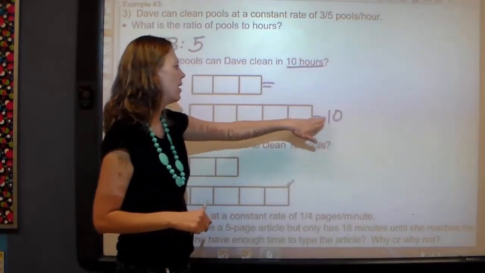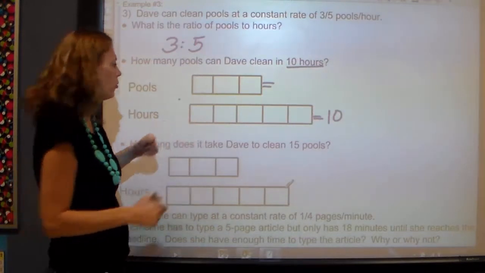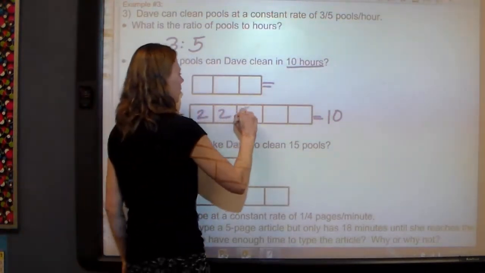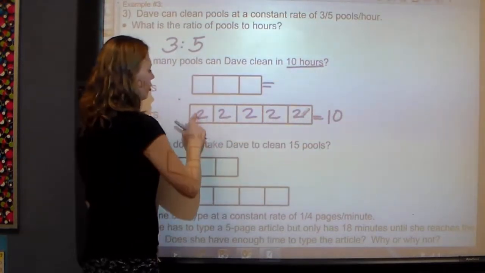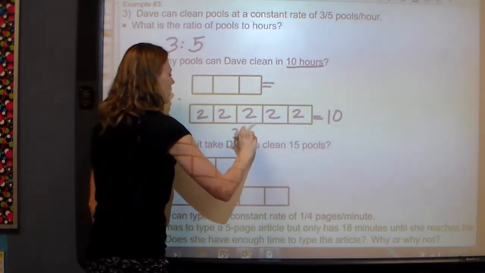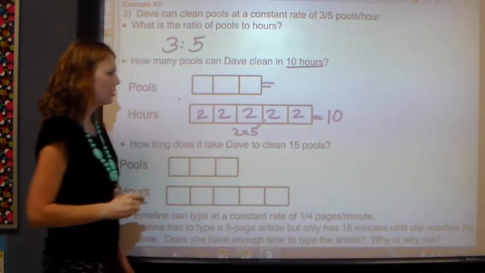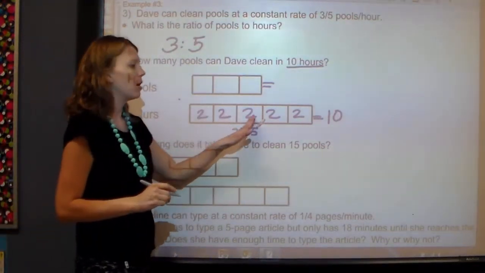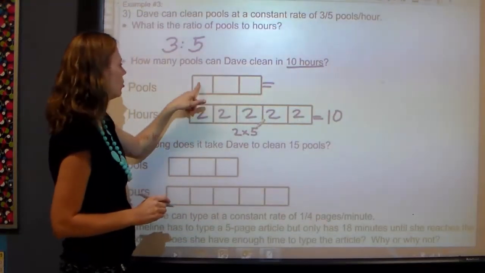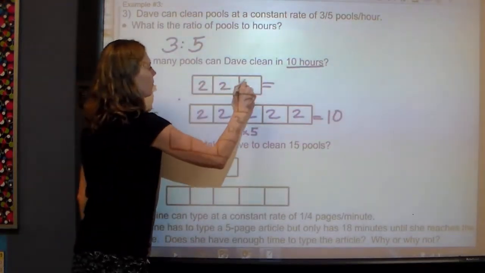Well, take your 10 and divide it by the 5, and you will get 2. 2, 4, 6, 8, 10. Or you can do 2 times 5 is 10, whichever method you want to check, but that needs to equal 10. Because these numbers are 2, the numbers that go into these boxes are also 2.